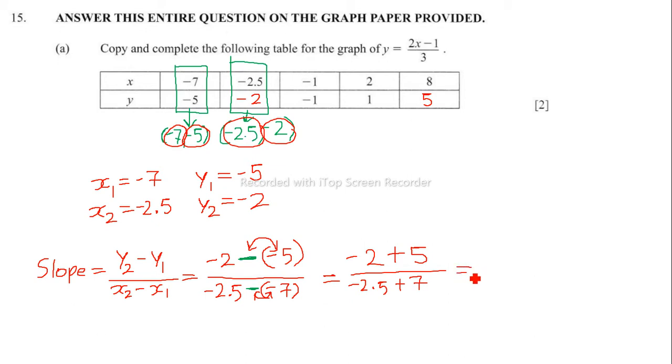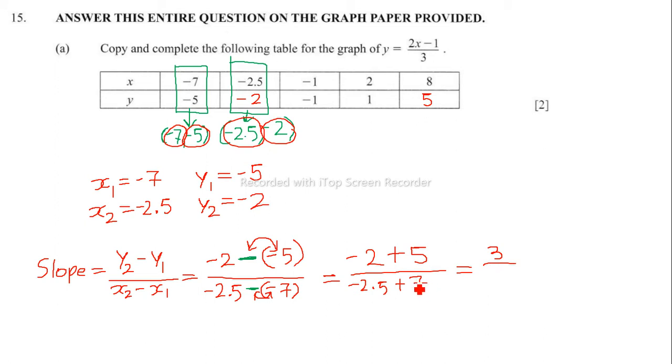And so if you have $5 and you owe $2, how much do you still have? $3, right?